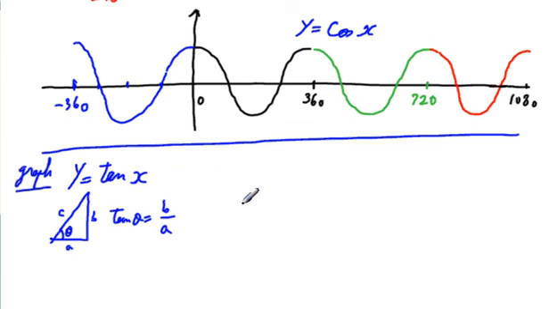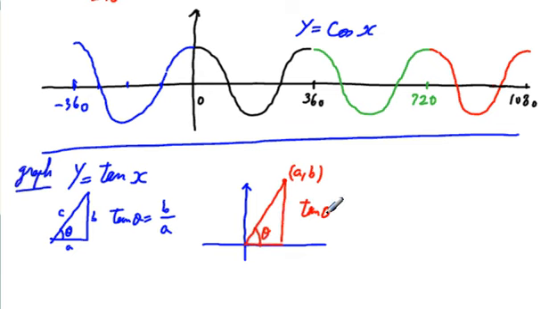Then we come and say, if you have an angle drawn in the coordinate plane, this is your angle theta. So consider this point with coordinates A and B. Then tangent of theta, instead of thinking about opposite to the adjacent, think about the y coordinate divided by the x coordinate.